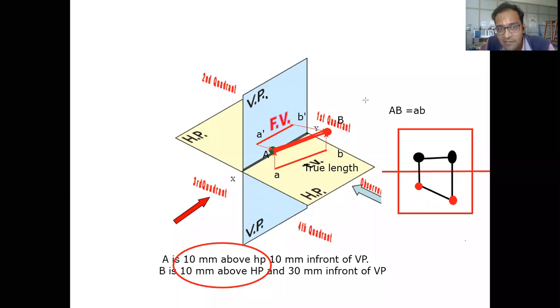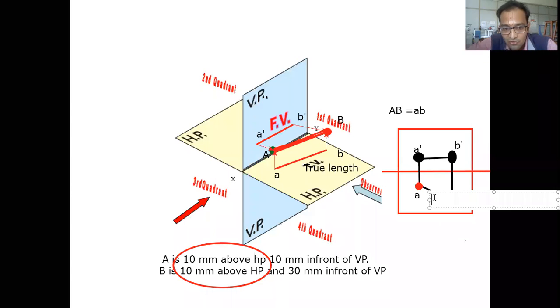Now let us consider the length of line A dash B dash and AB, which is going to be longer one. A dash B dash का लेंथ ज्यादा रहेगा या AB का लेंथ ज्यादा रहेगा? AB का. AB का ज्यादा रहेगा. And what is that length? It is true length.